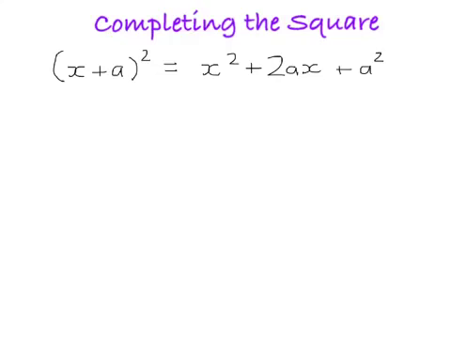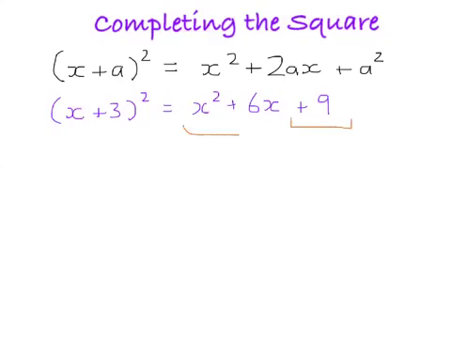So for instance, if we had (x + 3)², we'd end up with x² + 6x + 9. Now, what completing the square means is to find this number so we get a square expression which can be turned back into this.